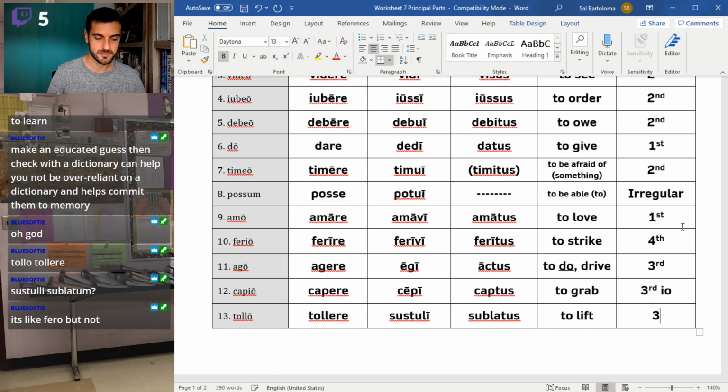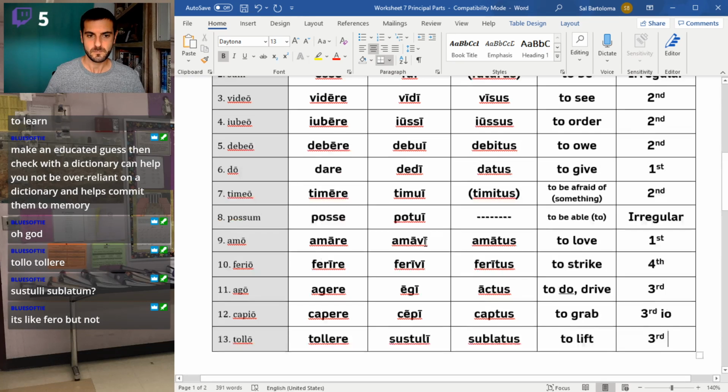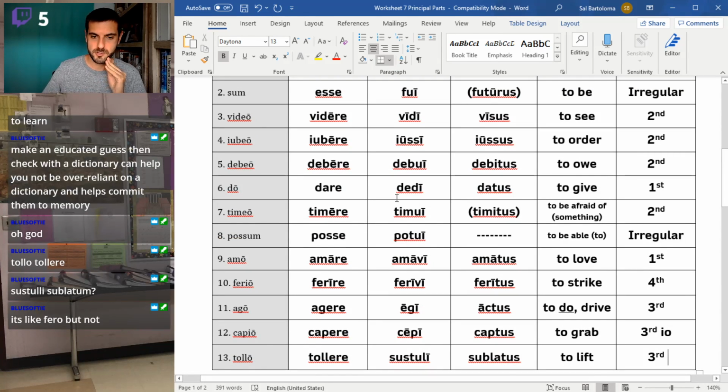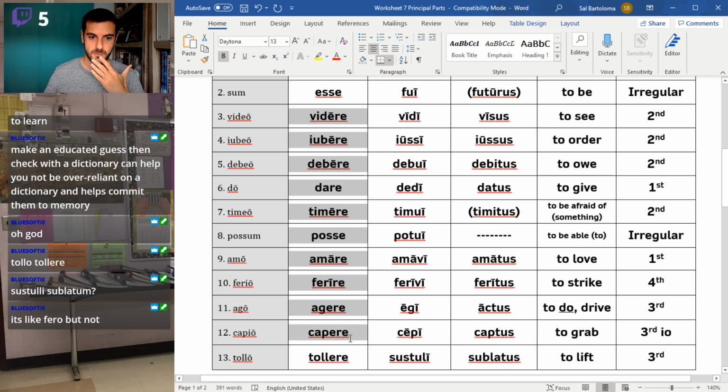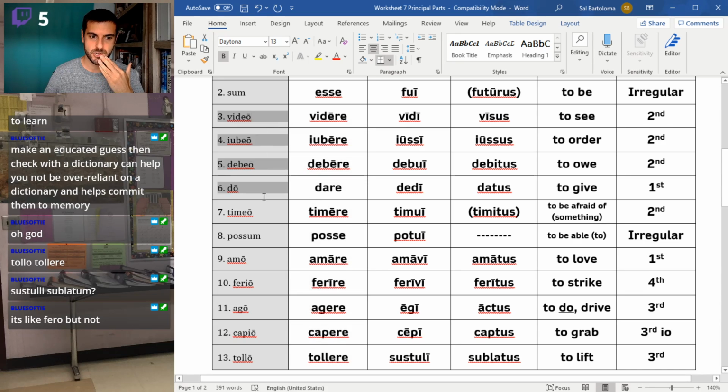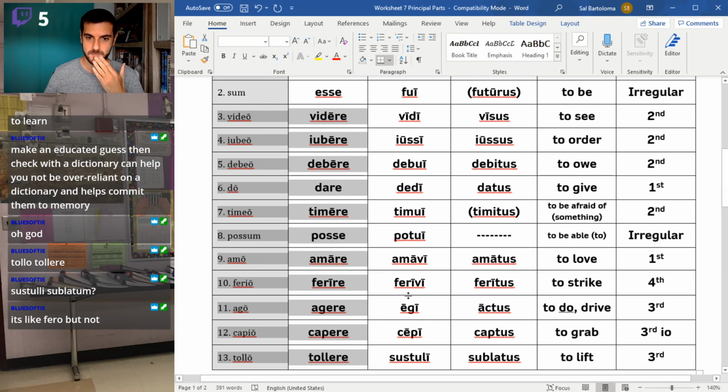And it is, of course, third conjugation because tollo, tollere, ere, short ere. Right? So those are our principal parts. Just want to get you guys in the habit of seeing that they're not always going to follow a pattern. That's okay. And we should be able to identify what conjugation they belong to by using this form and then also checking on this form. So it's really the first and second principal parts that are going to tell me what conjugation. Okay.